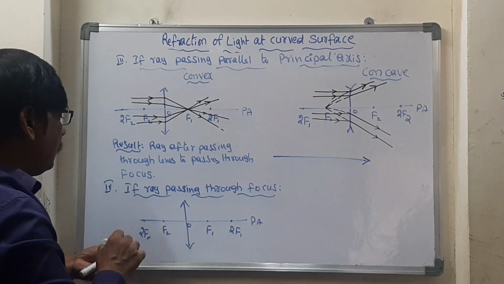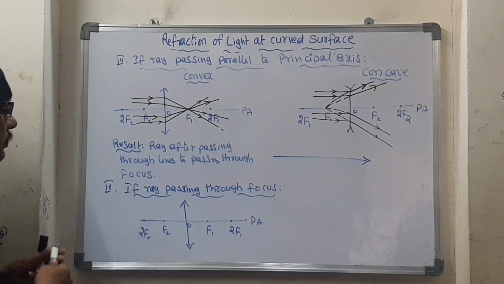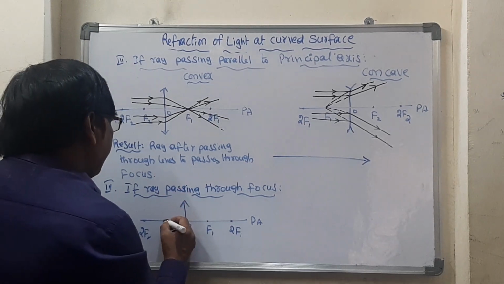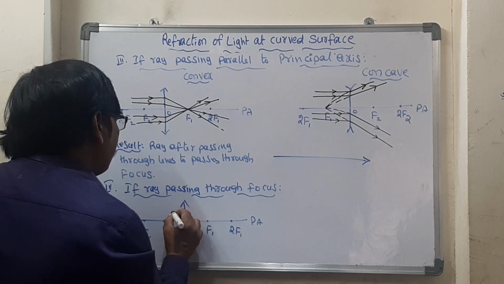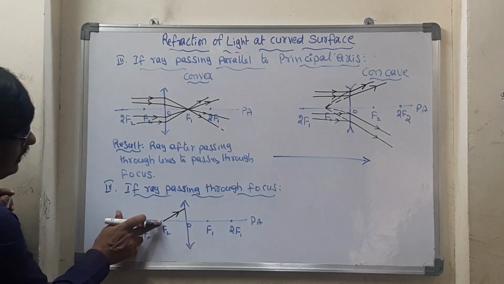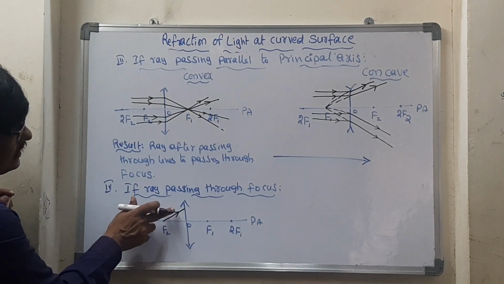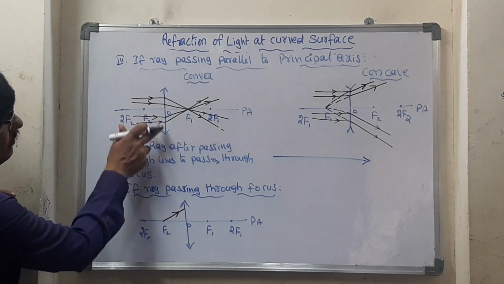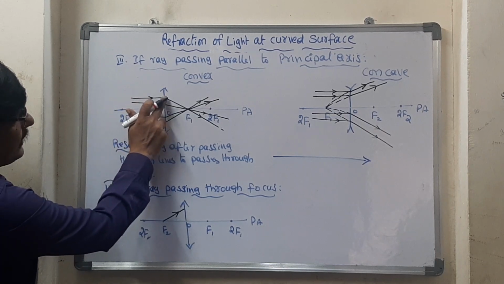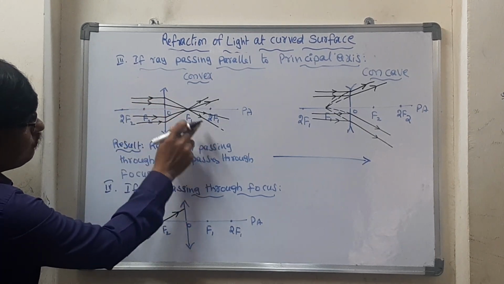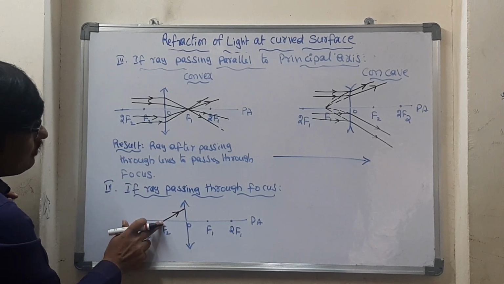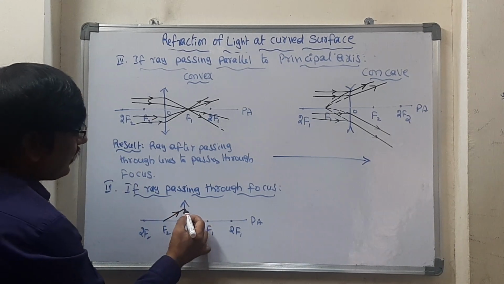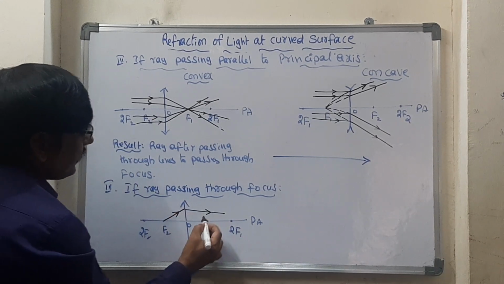Our aim is to make the ray from the focus, and then the ray will travel like this. So if the ray is originating from the focus, then, opposite of this one, if the ray is parallel to the principal axis, it passes through focus. If it is originating from the focus, it will travel parallel to the principal axis.